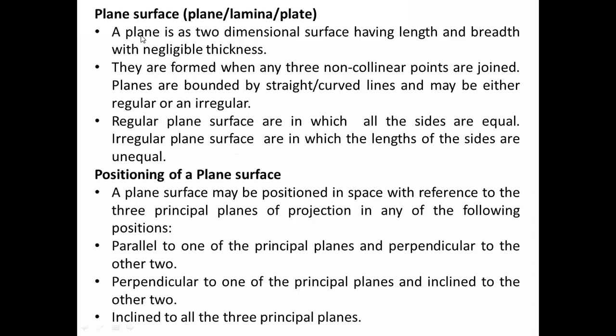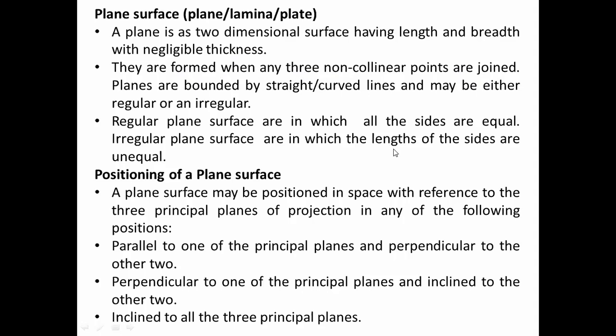Now, a plane surface, at times it is also termed as just plane or lamina or plate. It is a two-dimensional surface having length and breadth with negligible thickness. The paper of your notebook is an example of a plane. They are formed when three non-collinear points are joined.